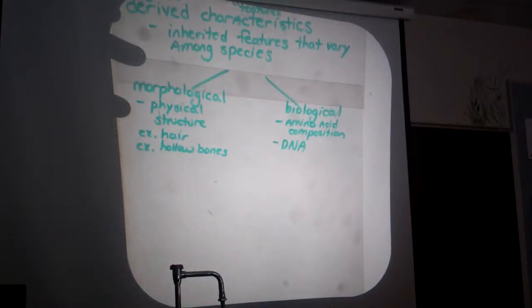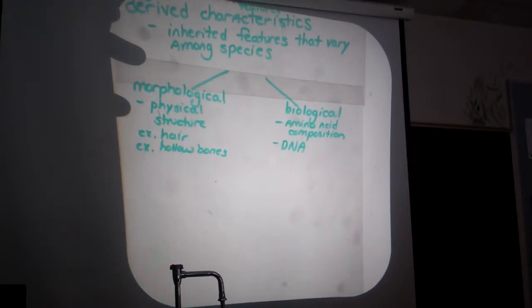Along the same lines, DNA. My DNA is definitely different than all of your guys'. The human DNA is very different from the DNA of a banana, or the DNA of a fish, or of a fruit fly. Okay? However, this is cool. If an organism has DNA that almost matches another organism or another species, chances are they're really related to each other.